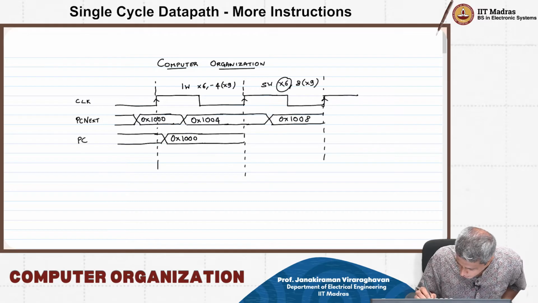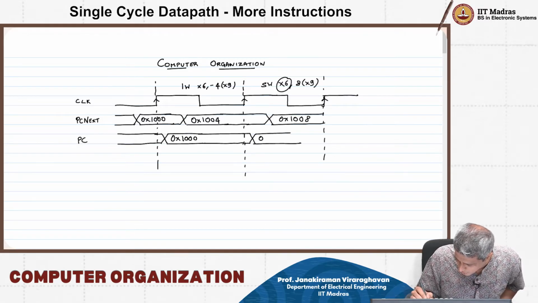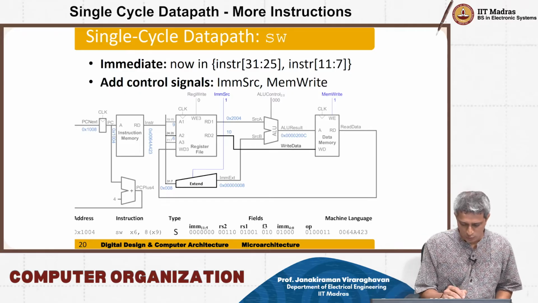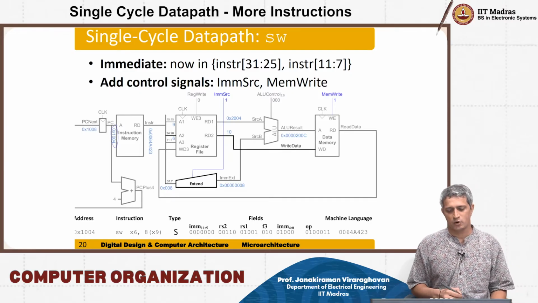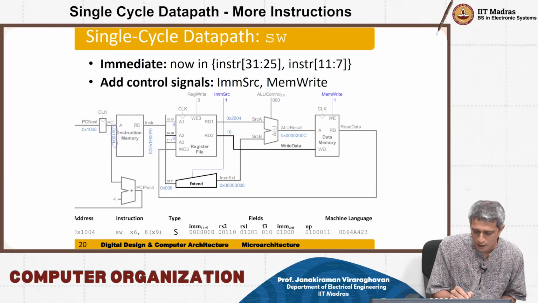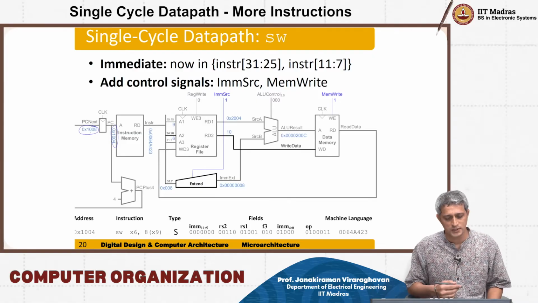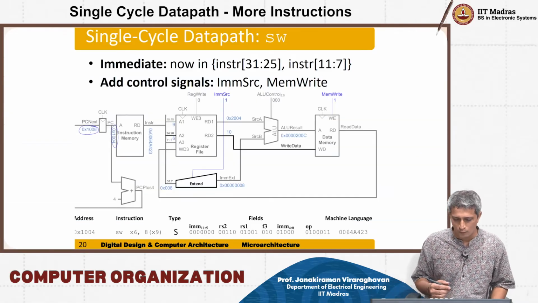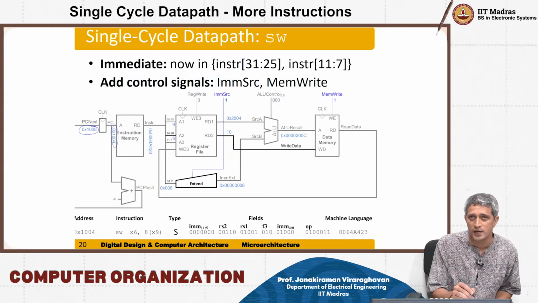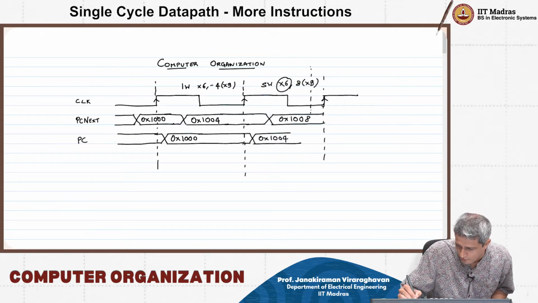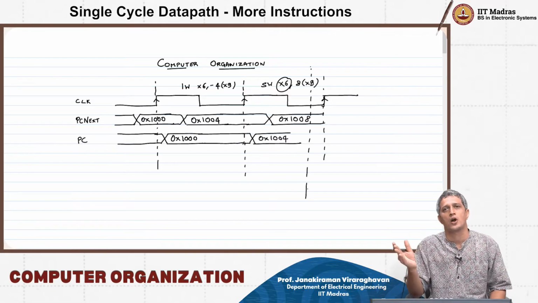And with some delay, you will see that this becomes 0x1004. So that's what you see here. It has become 0x1004, and what you see here is basically the 0x1008. So effectively the values that you see here written in blue are sampled very close to the next clock edge.